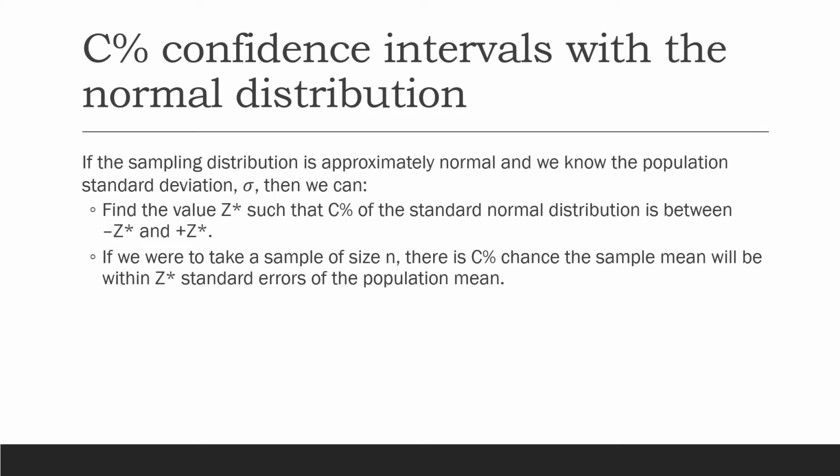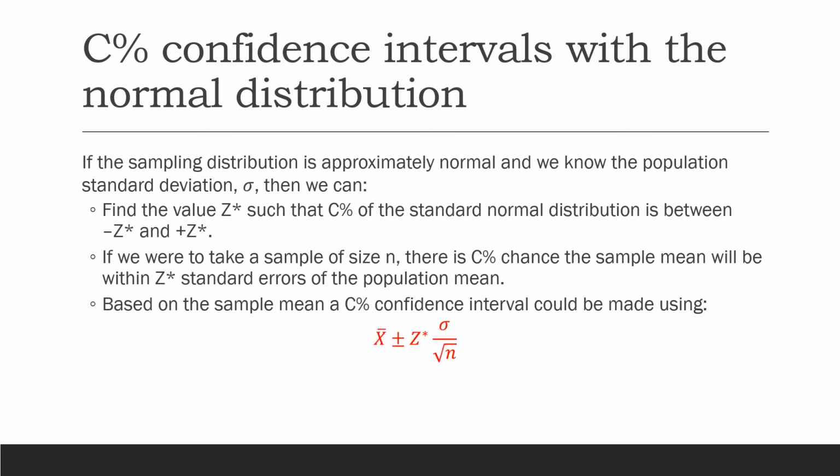If we were to take a sample of size n, then we know that there's a C% chance that the sample mean will be within z star standard errors of the population mean. And so a reasonable way to make a C% confidence interval based on a sample mean would be to use this formula to take the sample mean plus and minus z star times the standard error. And that could give us a confidence interval for the mean using a normal distribution.